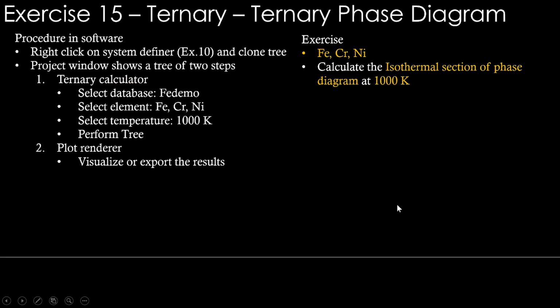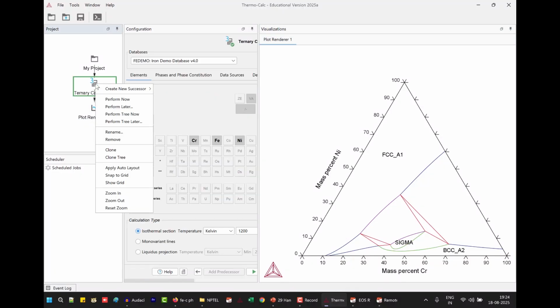To do the diagram at 1000 Kelvin, we can right click on the system definer in the previous example and clone tree, and the project window shows a tree of two steps, the ternary calculator and plot renderer. So let's do the entire thing again at 1000 Kelvin. In the ternary calculator, right click, clone tree.